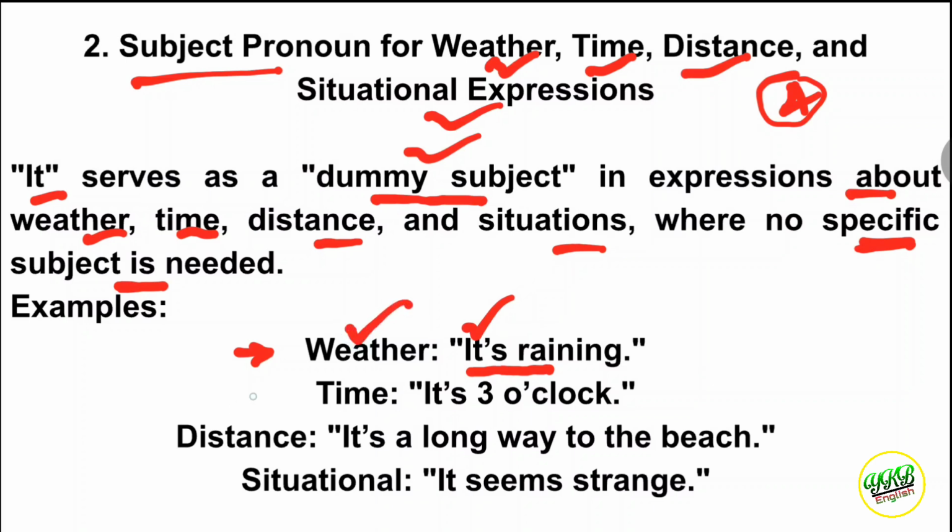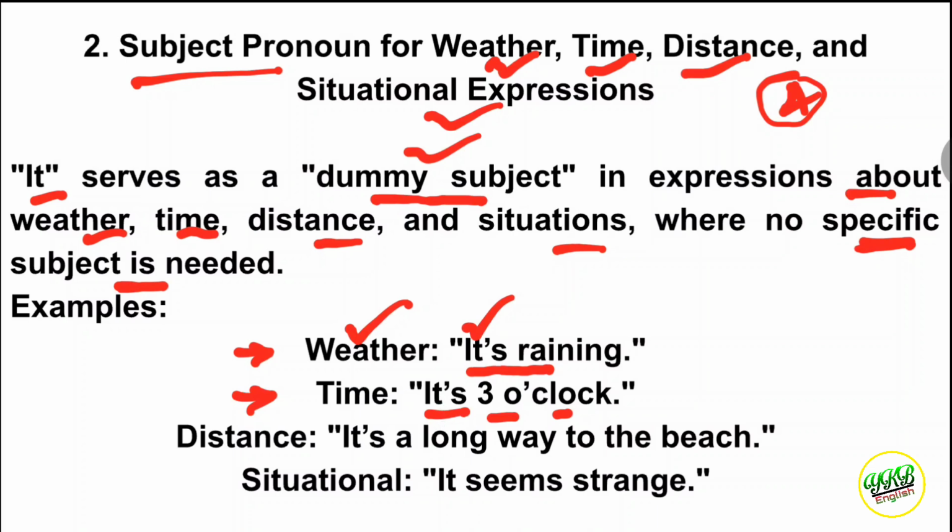Next for time: it's 3 o'clock. This sentence talks about time. In this sentence, it is a dummy subject here.